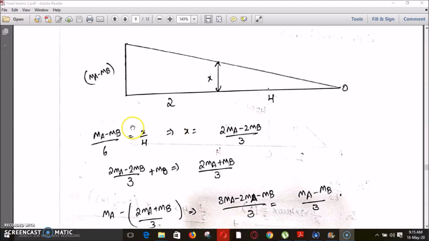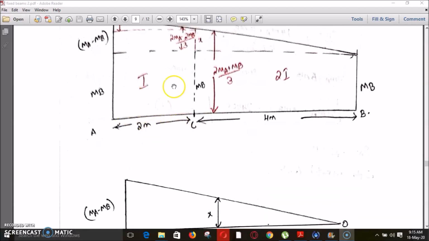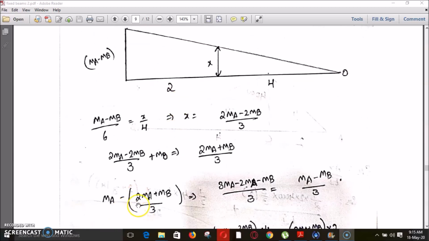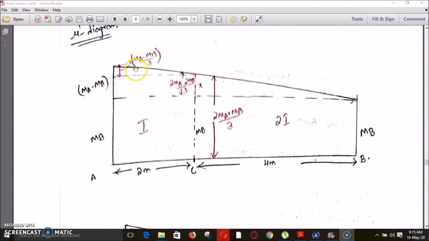So now this is our total MA from here to here. So total MA minus this value, that is 2MA plus MB by 3, will give you this value. MA minus 2MA plus MB by 3 will give us MA minus MB by 3. So this is our MA minus MB by 3 value. So now we had calculated all the values here.